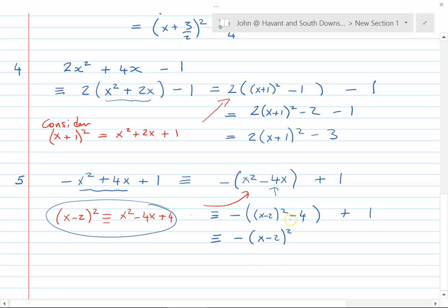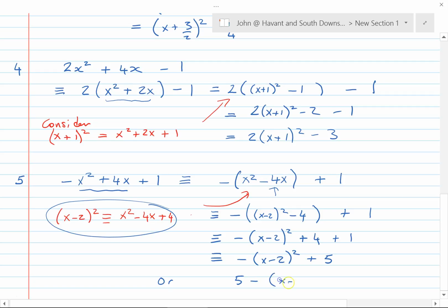Minus 1 times minus 4 is plus 4, plus 1. So that gives this as minus x minus 2 squared plus 5.